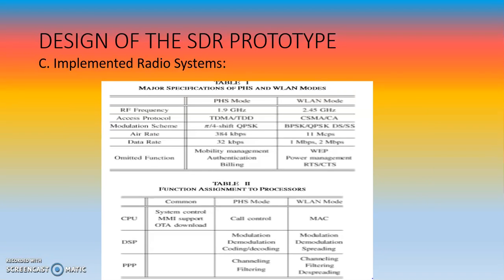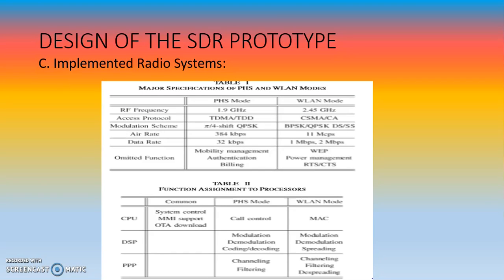Here, in table 1 and table 2, we compare the PHS and wireless local area network modes. In the first table we describe how RF varies between PHS and WLAN modes. RF in PHS mode is 1.9 GHz, in wireless mode it is 2.45 GHz. Access protocol is TDMA here and CSMA in wireless.